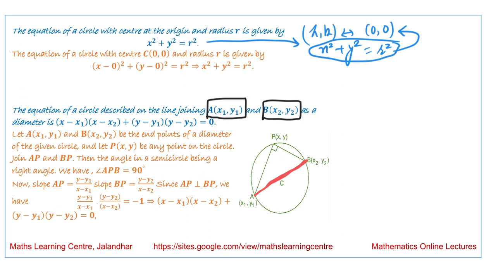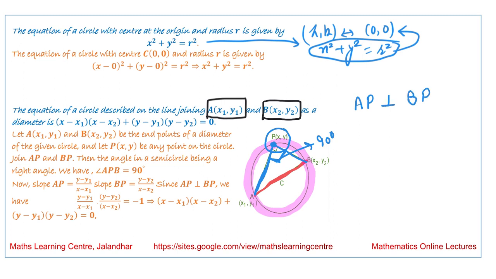Suppose we have a circle over here for which this AB is the diameter, and we consider any point P on this circle. This is the point P(x, y), and we have joined this point P to B, and we have joined this point P to A, and we know that this is the angle in the semicircle, and the measure of this angle should be 90 degrees. So what we get is that AP is perpendicular to BP.